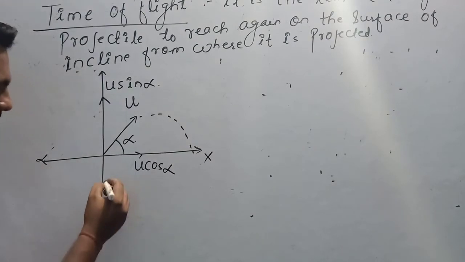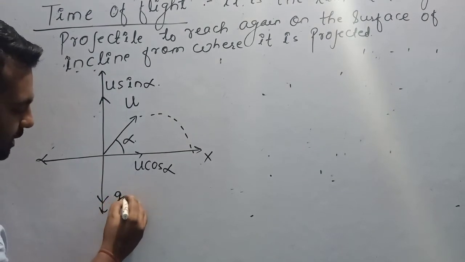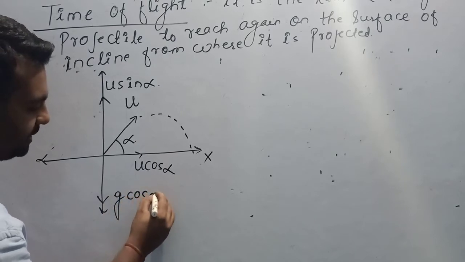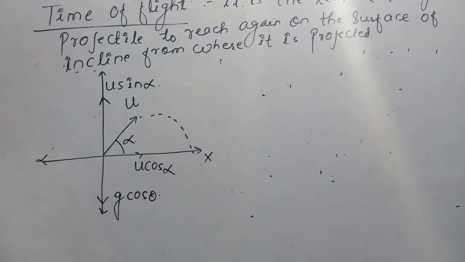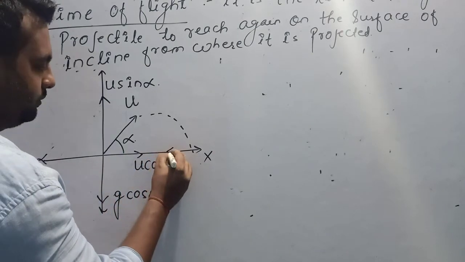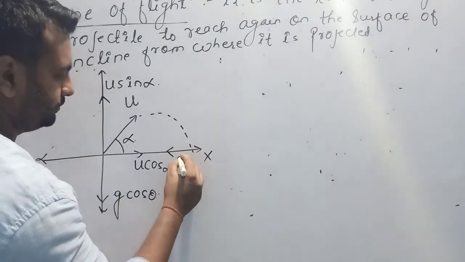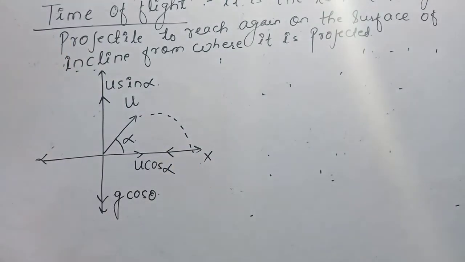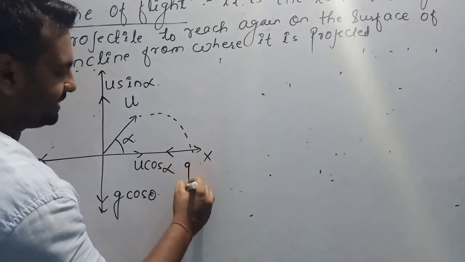The y component of acceleration due to gravity was g cos theta, and the x component was g sin theta.